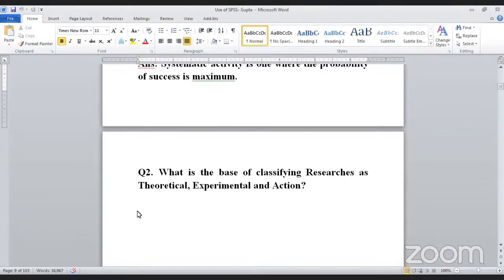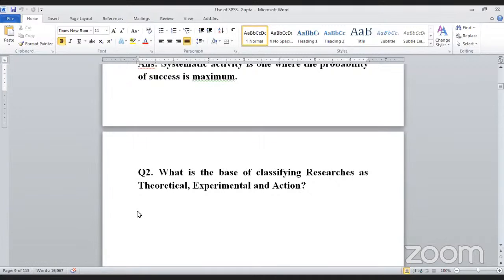Then experimental research. You know, COVID-19 came and different countries started working on it, trying to find out the solution of this particular problem. And they did experiments and came out with a vaccine.